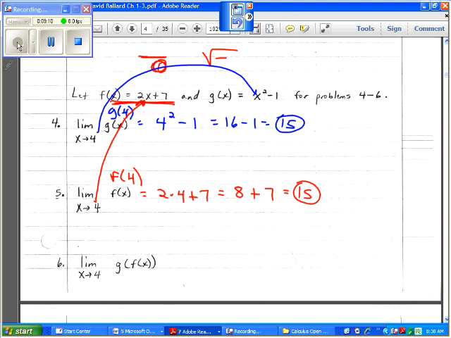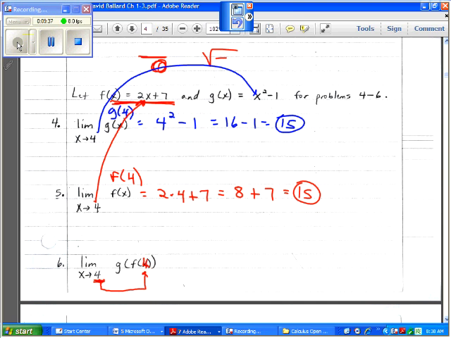All right. And then we've got the limit as x approaches 4 of f of g of x. Well, since both functions are everywhere continuous, then the composition function would be everywhere continuous. Now we want the limit as x approaches 4 of g of f of x. Now what that means is we're going to take the 4 and put it in place of the x in f of x.